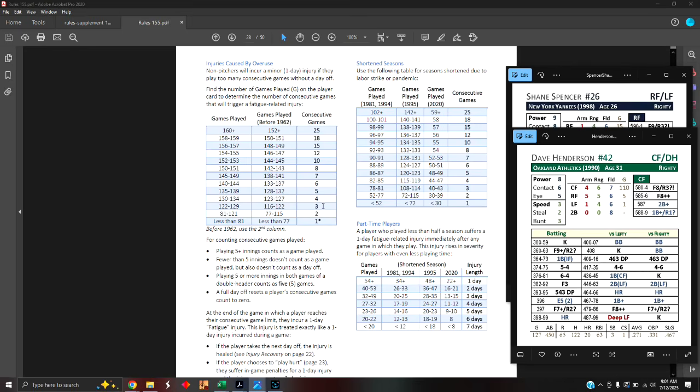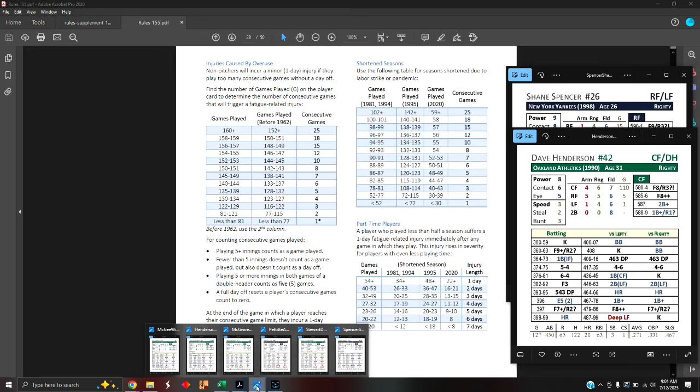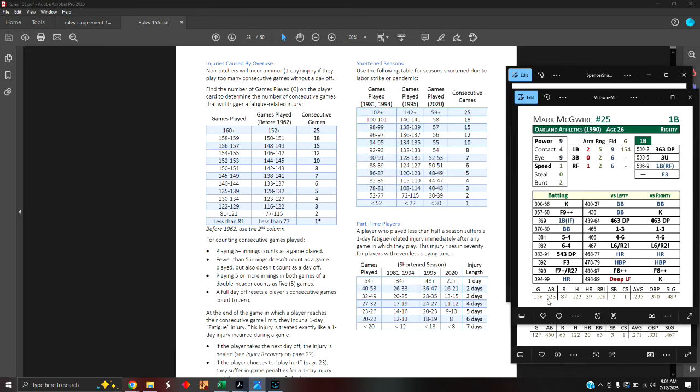So that would be how that would work for him. You can see players, let's say Mark McGwire, what did he have? 156? He could play 15 consecutive games before it would trigger this fatigue-related injury.